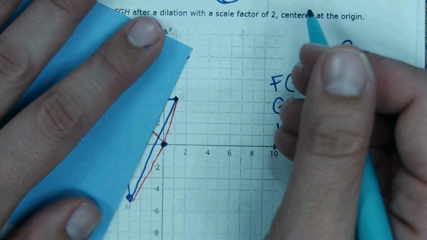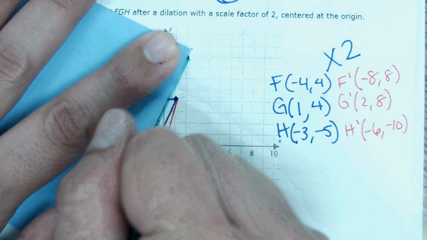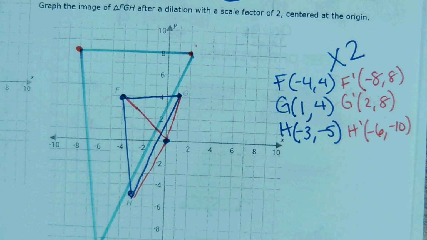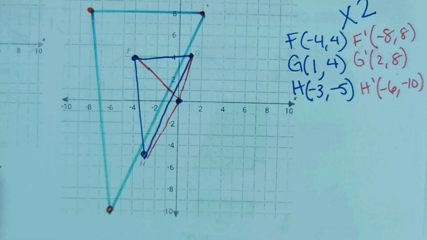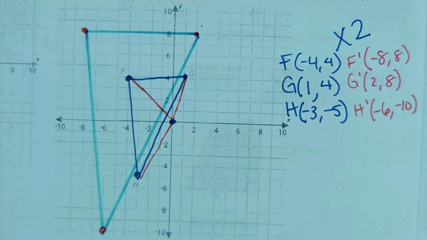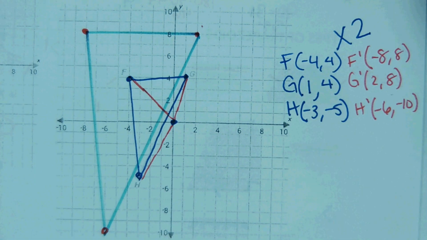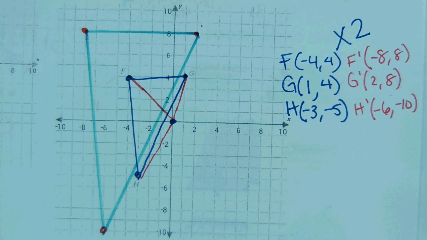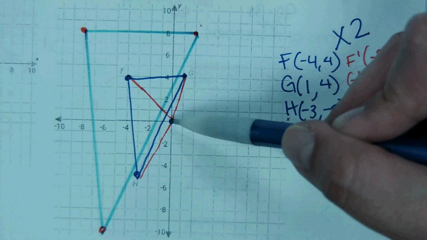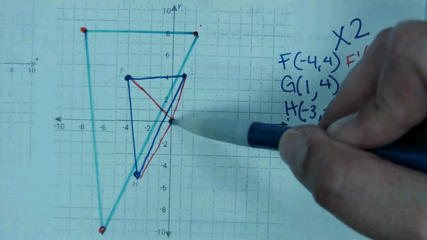Here's the dilated shape. So again, this shape is 2 times the size of the original. Also, these points are 2 times the distance from the origin, the center of dilation.